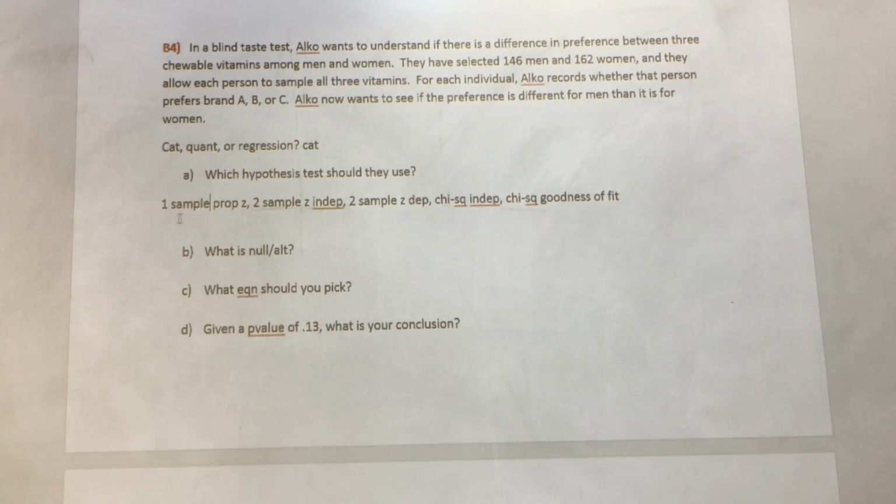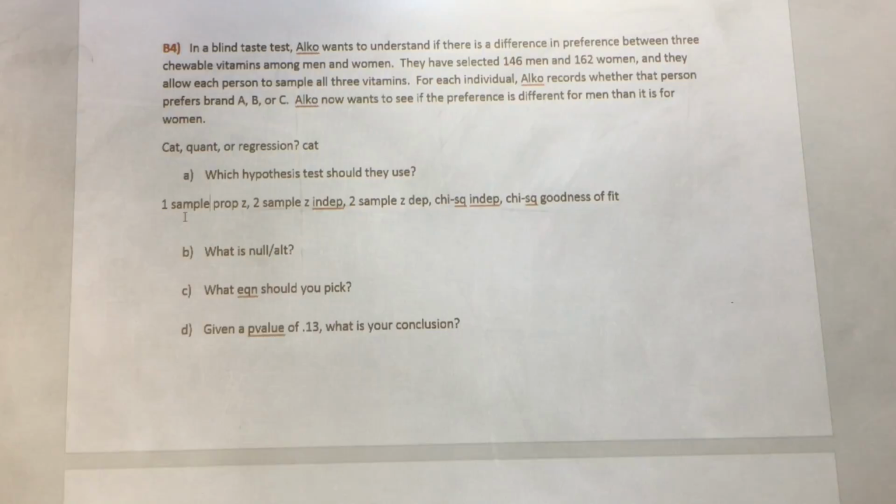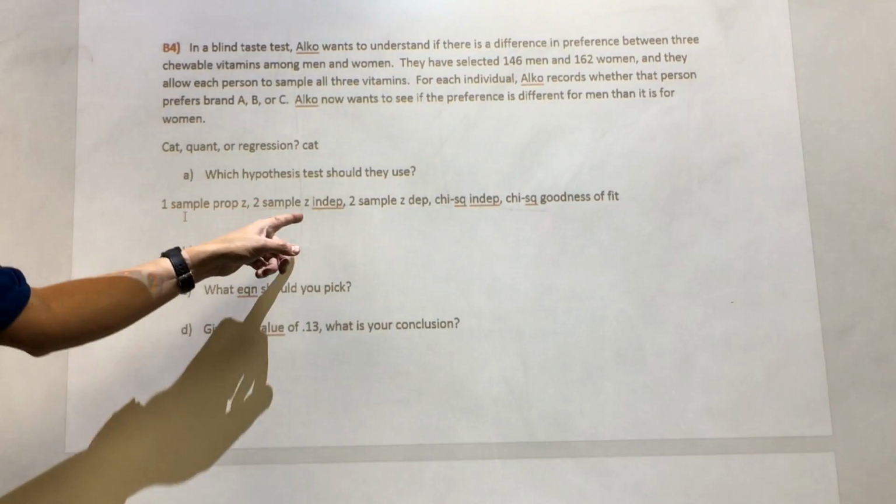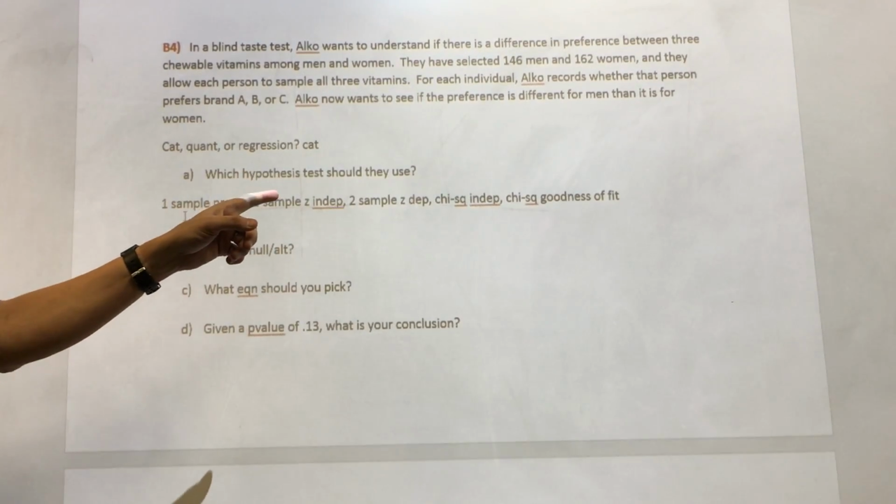All right. Should we just go through them all? Where do you guys want to guess? Here, I'll let some of you make your case. Two sample. Okay, what do you got, Cassidy? Two sample Z independent, because it's between the men and women, and they're independent from each other. Okay, so two sample independent.